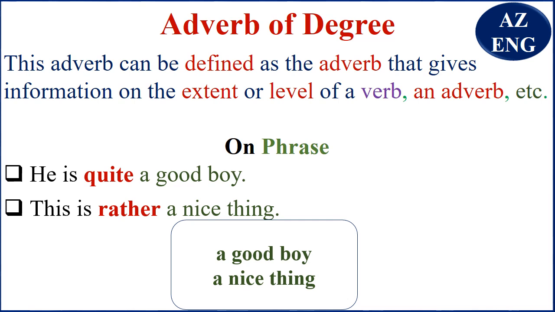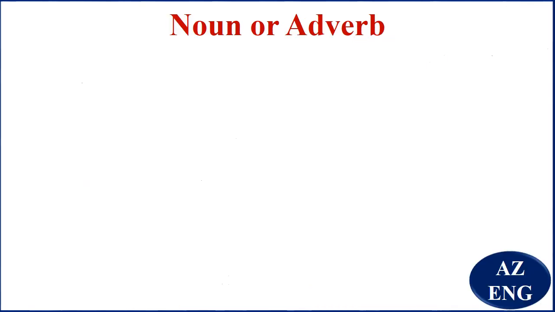Now let's move to something important. Sometimes there are words that can be confusing to some people. The question you ask is: is this a noun or an adverb? Don't worry, we have examples of that.